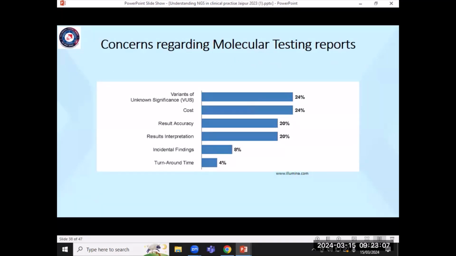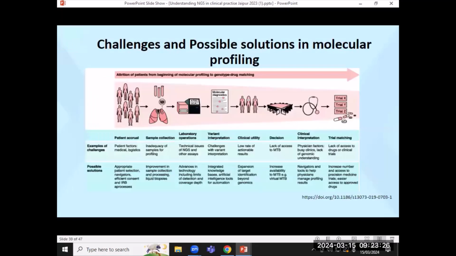Their prime concern in understanding the reports is that they really don't know what to do with variants of unknown significance. Cost is another factor, as are result accuracy, how to interpret the result, what to do with incidental findings, and the turnaround time.